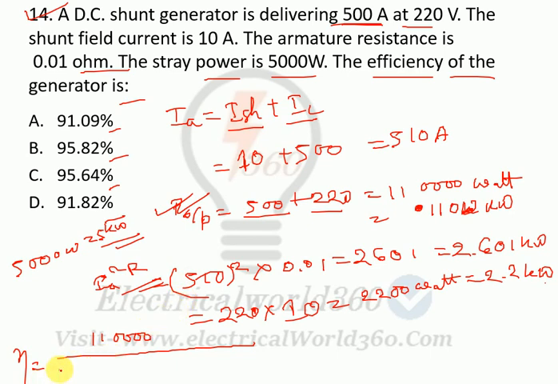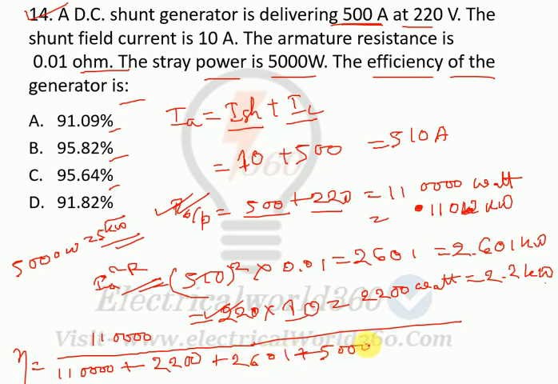Input power means 110000 plus 2200, the shunt field copper loss, plus 2601, the armature copper loss, plus 5000, the stray power.